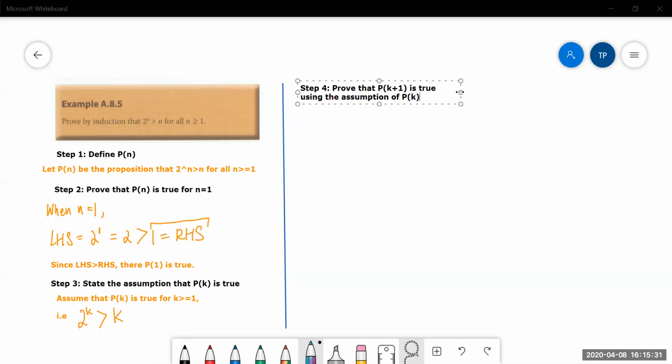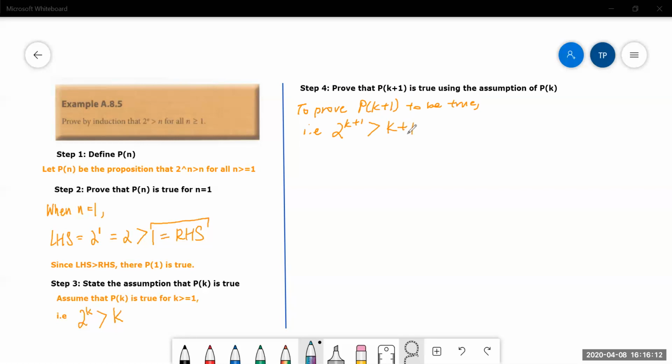Okay, so now we want to prove Pk plus 1 to be true, i.e. 2 to the power of k plus 1 is greater than k plus 1.